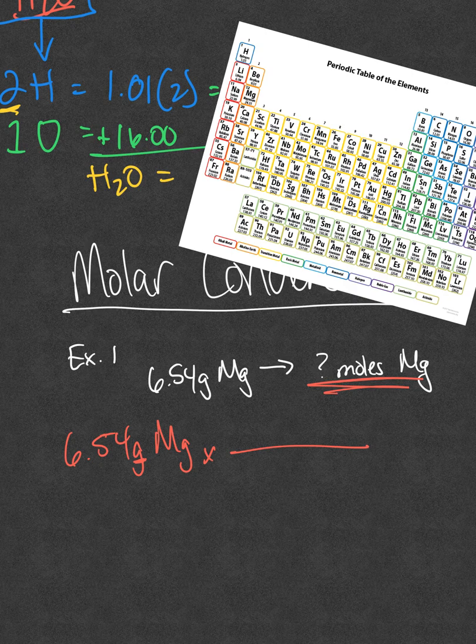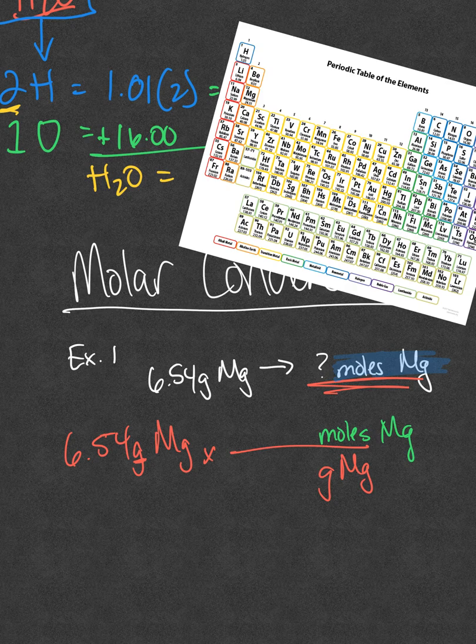So if your unit you start with is a numerator, we put that same unit on the denominator so that it can cancel itself out. And whatever unit you're going to, in this case moles of magnesium, you want on the top, so that at the end of the day, that's your answer, okay?